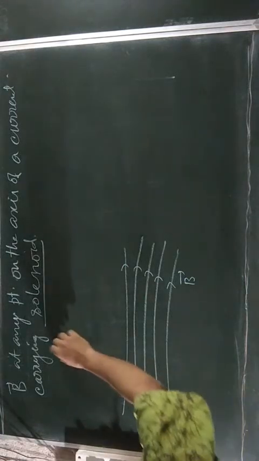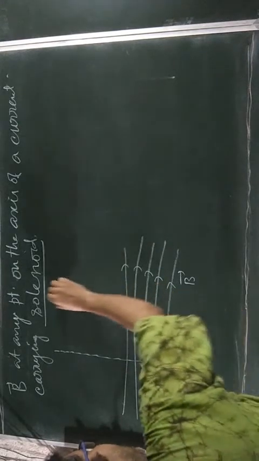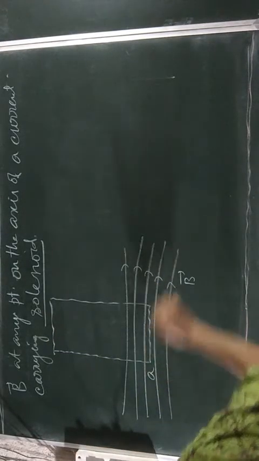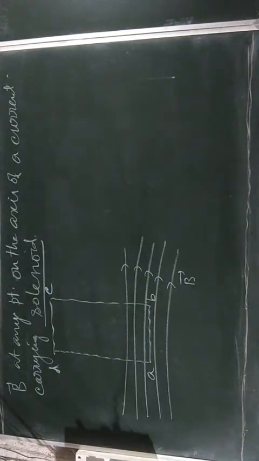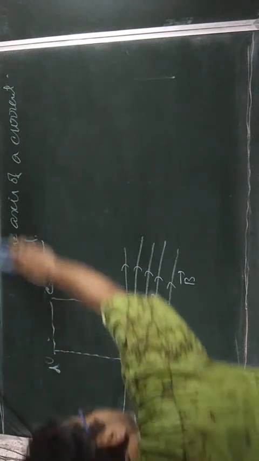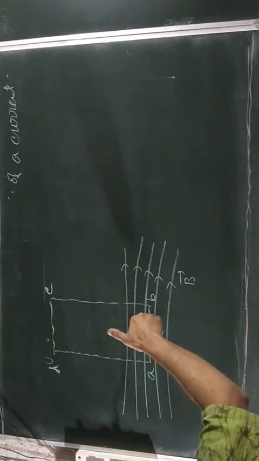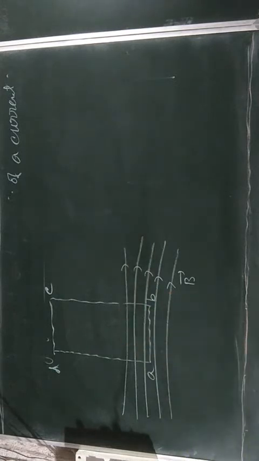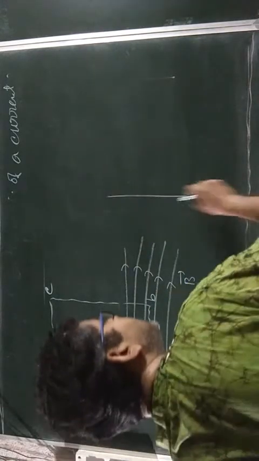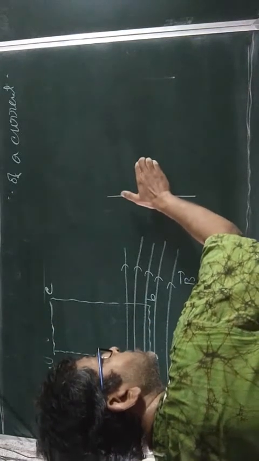Now let's consider a small closed path, A, B, C and D. Now if this is the magnetic field, if this is the conductor, then the magnetic field will move vertically inwards.